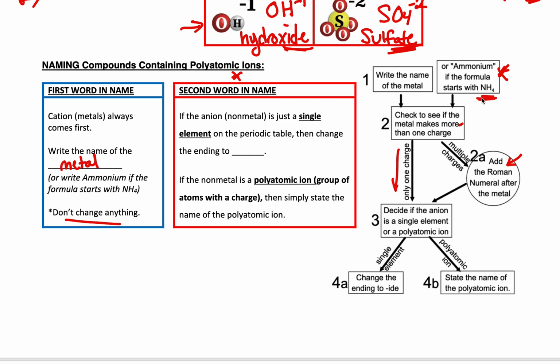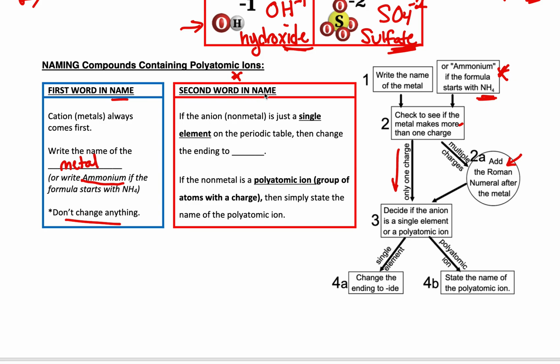You have to know that's the formula for ammonium. And then you would just write ammonium at the beginning of the name. But if ammonium's not there, if it's any other metal, you just write the name of the metal. Magnesium, sodium, potassium, lead, whatever. You just have to take a peek to see, should I add a Roman numeral? And only add them if it's one of those guys that makes more than one charge.